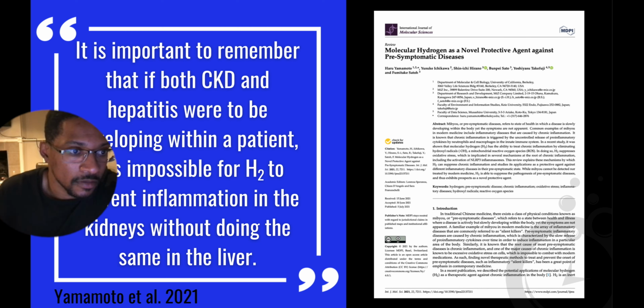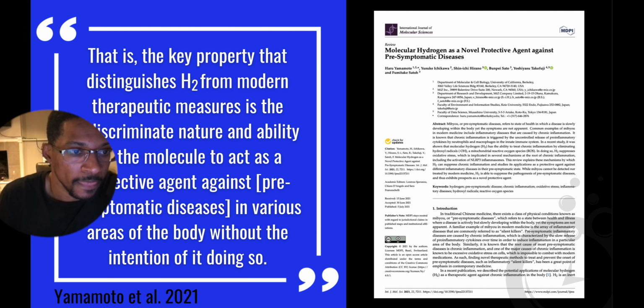It says, it is important to remember that if both chronic kidney disease and hepatitis were developing within a patient, it is impossible for H2 to prevent inflammation in the kidneys without doing the same in the liver. That is, the key property that distinguishes H2 from modern therapeutic measures is the indiscriminate nature and ability of the molecule to act as a protective agent against pre-symptomatic diseases in various areas of the body without the intention of it doing so.